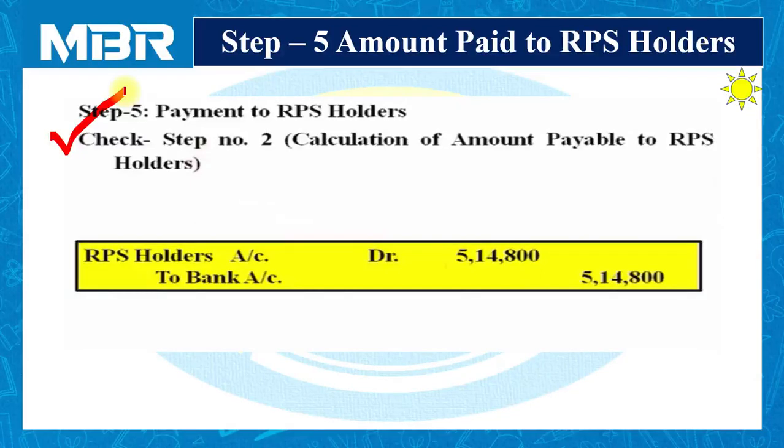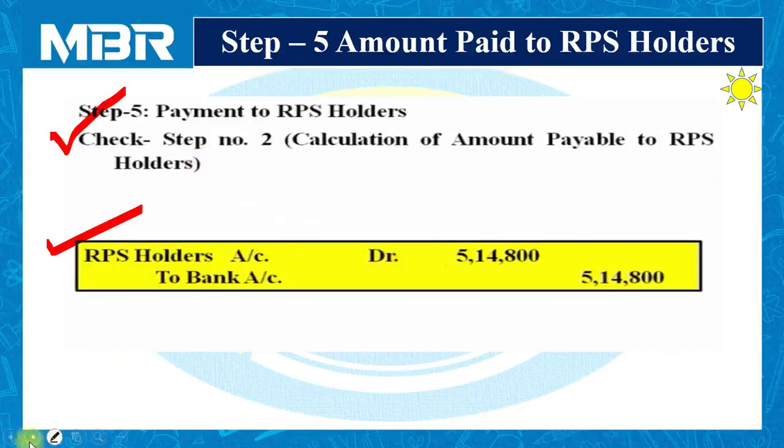So it is very easy for us to pay the amount. RPS holders account debited 5,14,800 to bank account 5,14,800. Whatever we have to pay, we have paid here to the holders of RPS. So step number 5 comes to an end with this simple journal entry.